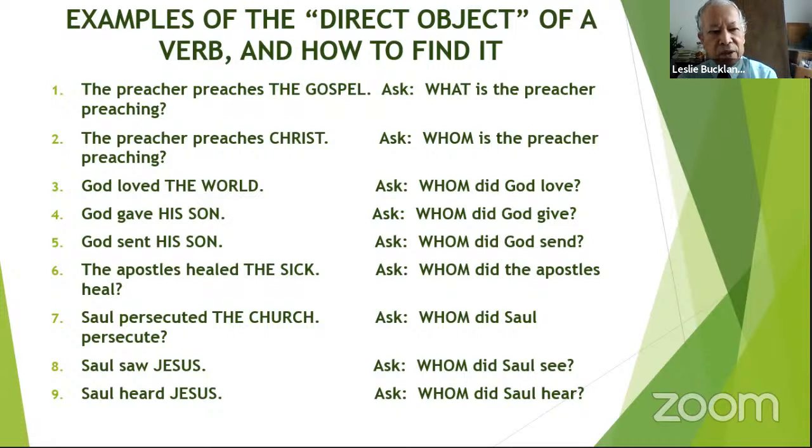I would include his in the direct object because it is specifying that this is God's son. His is a possessive pronoun. Okay, so it is not just dealing with any son, it is dealing with God's son. Whom did God give? His son, yes.